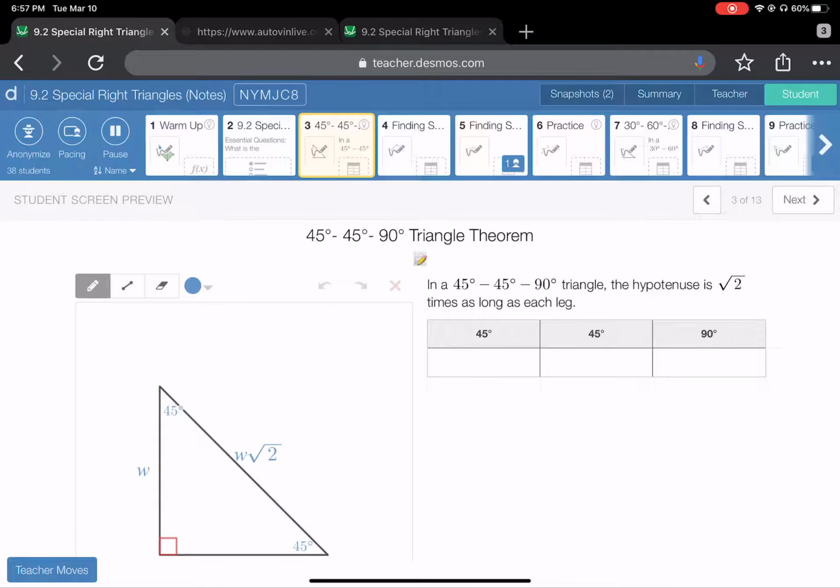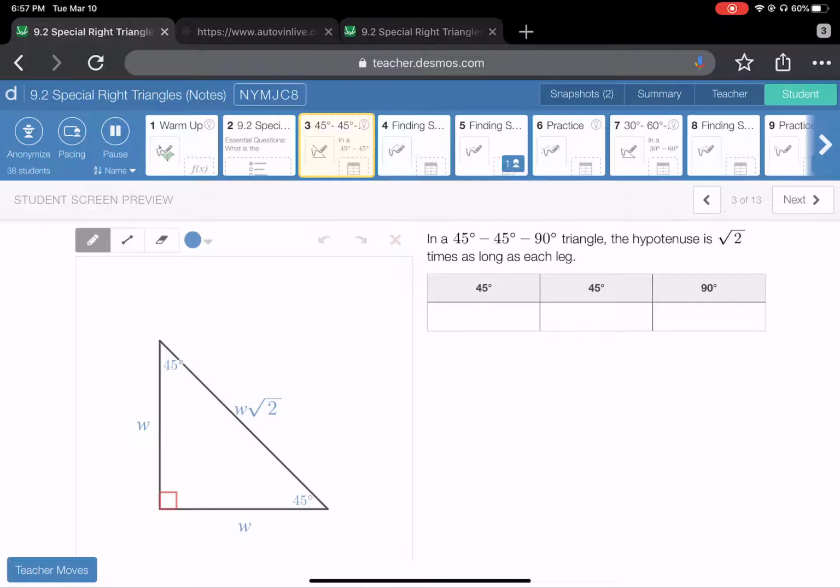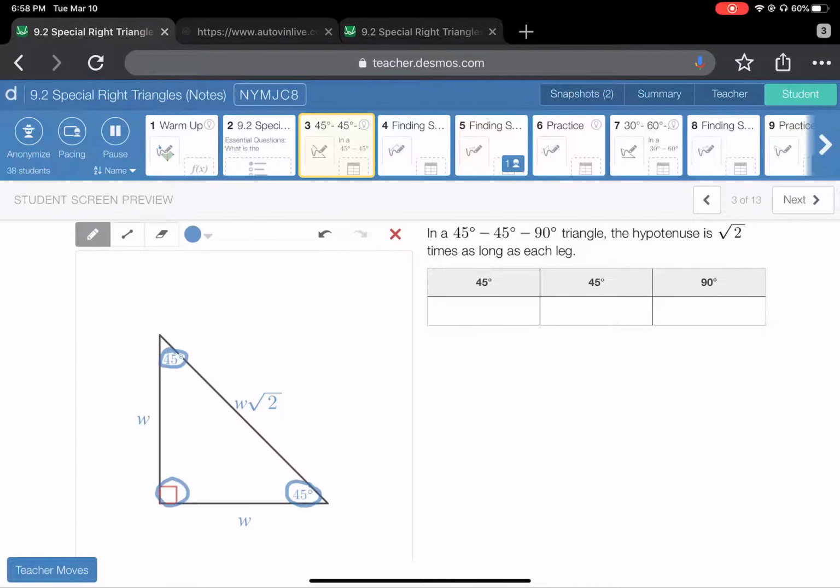Alright, so what we have here is the 45-45-90 triangle theorem. Whenever we have a triangle that has a 45-degree angle, another 45-degree angle, and a 90-degree angle, we can use this theorem to figure out the side lengths of each given triangle.